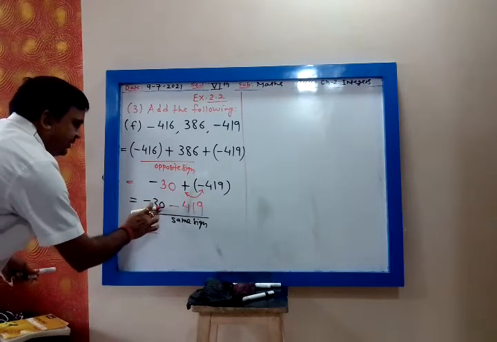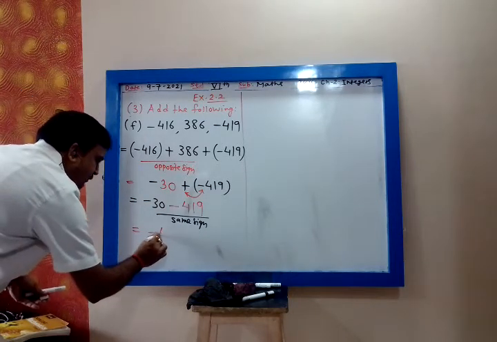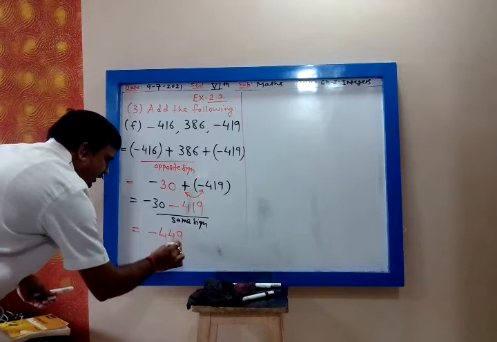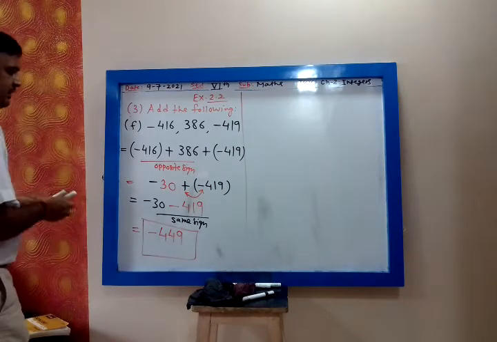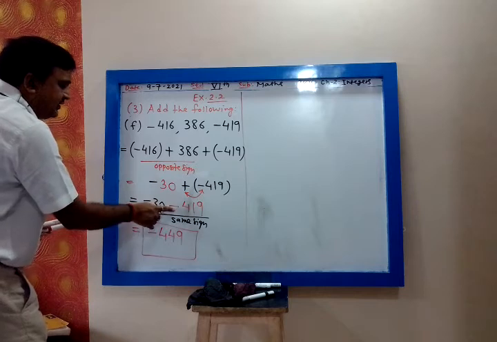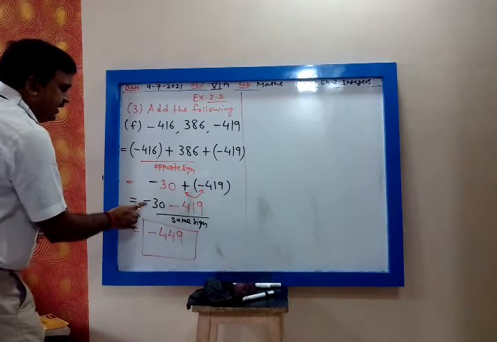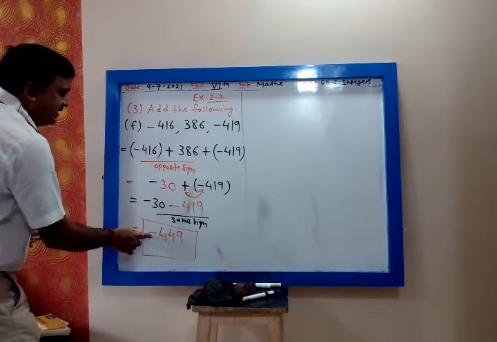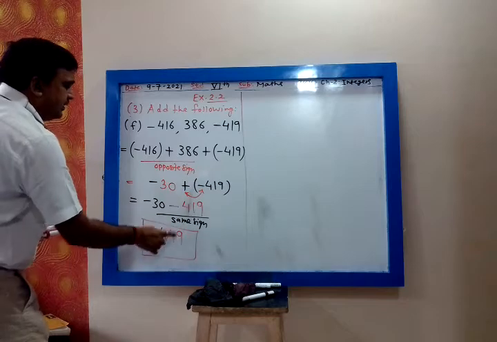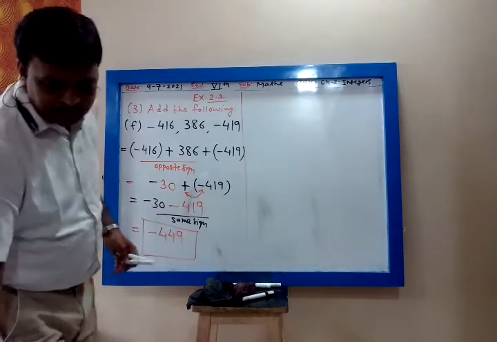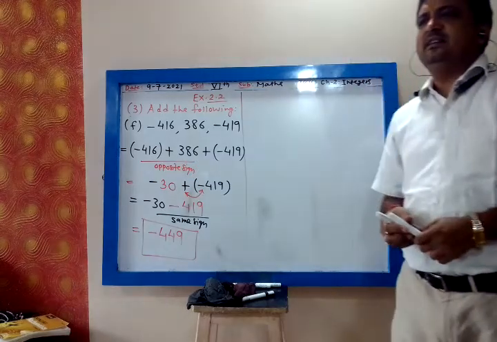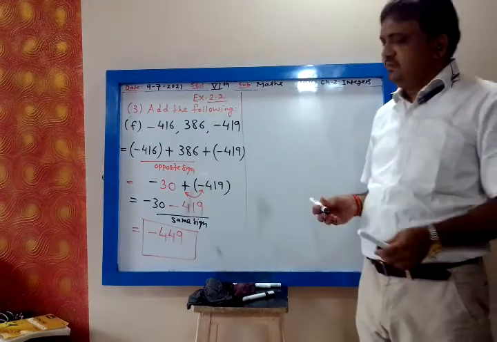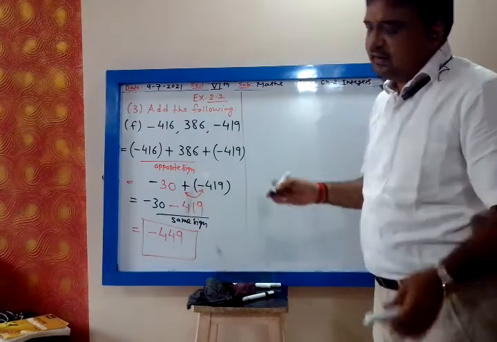And add the number. 30 plus 419 is 449. Answer is minus 449. Not minus minus. Minus minus you will say add the number.